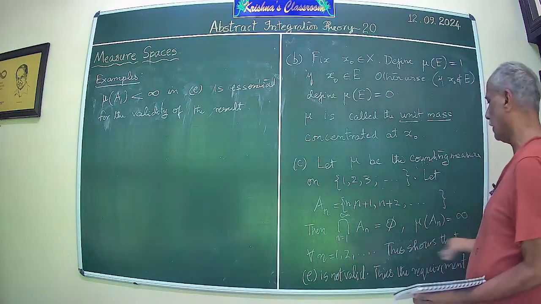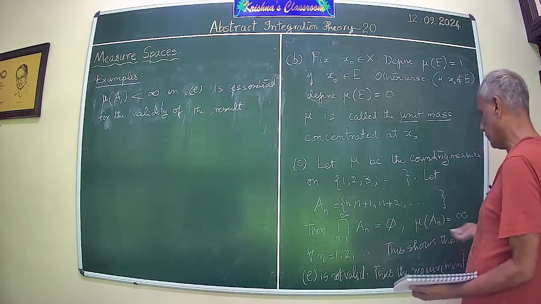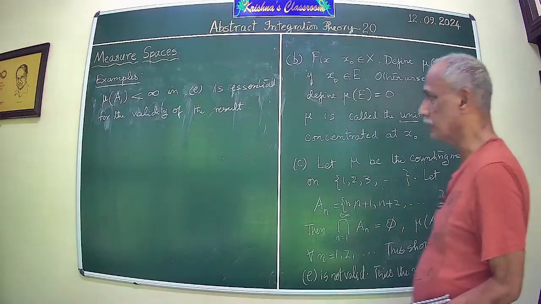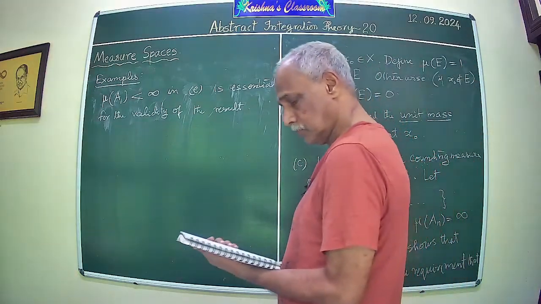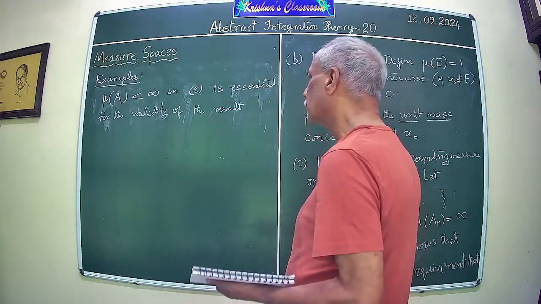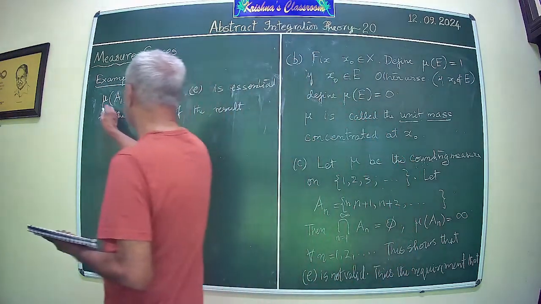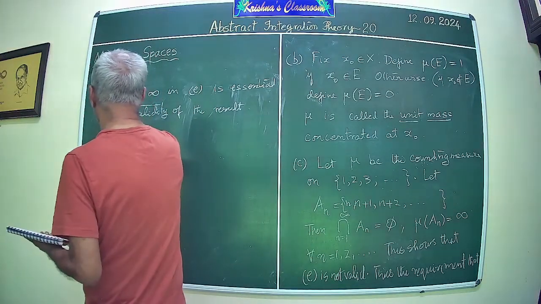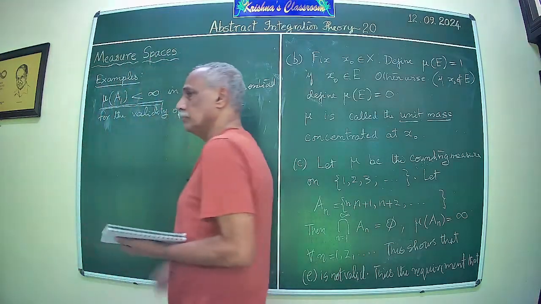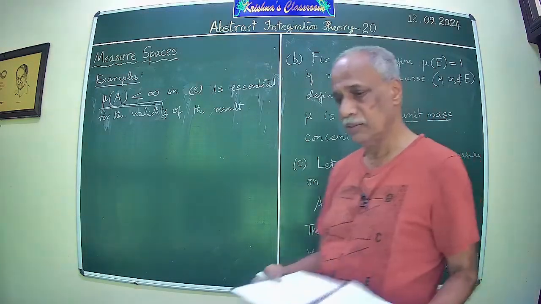Therefore, we cannot apply this. You see that mu of A1 is infinite. That's the problem. So this is not something which can be altogether removed from the theorem. I think I will stop here.